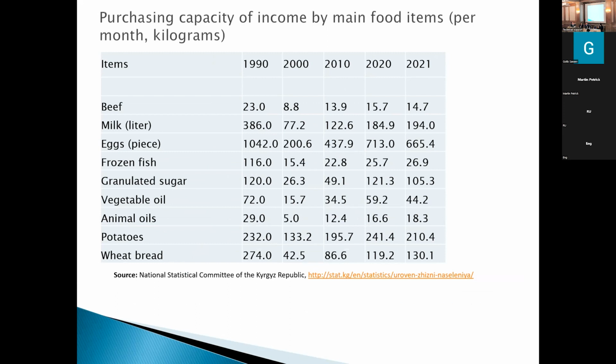Using all of a household's income, in the 1990s a household could buy 23 kilograms of beef, which is a very important food for households. When we compare this with 2021, it is approximately 15%.